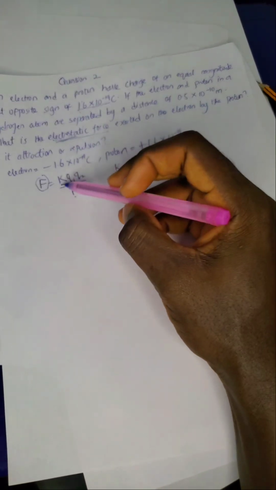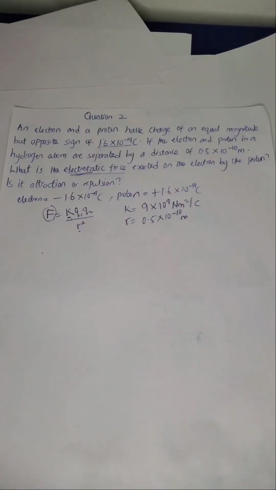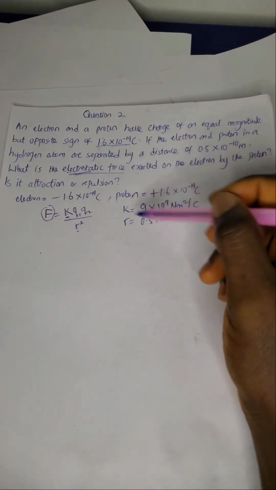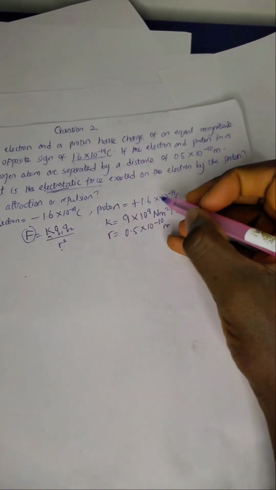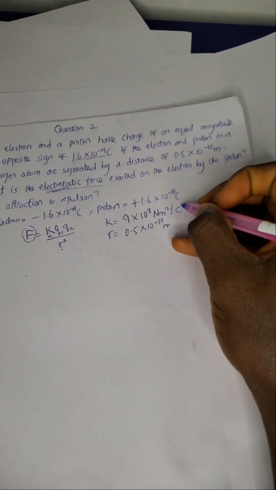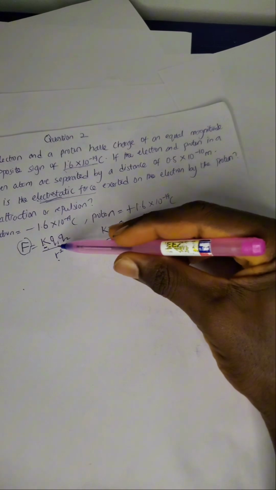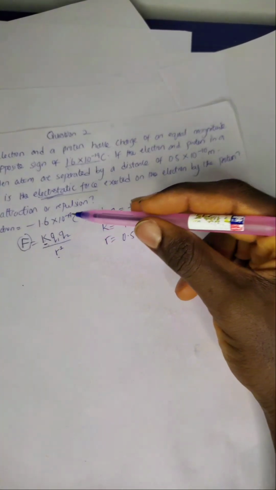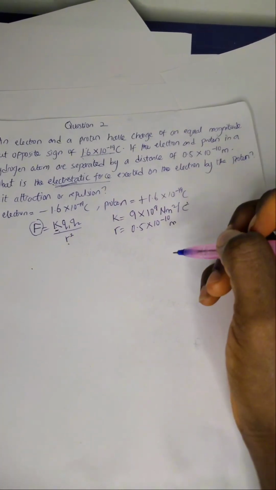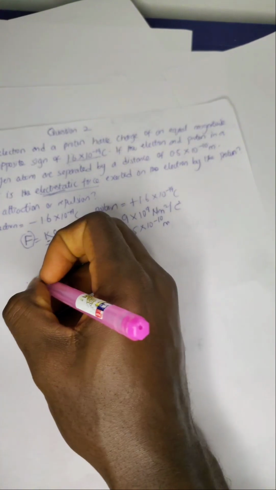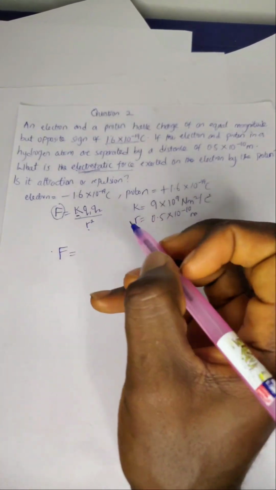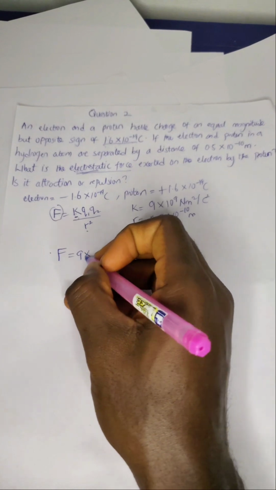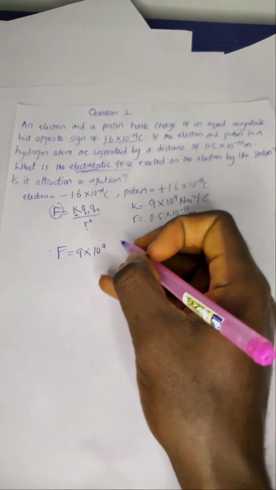So this is easy. We just have to input our values into the formula to get our answer. The unit of K is Newton meter square per coulomb square, because it's Q1 Q2, that's coulomb square. So now F is equal to, our K is 9 times 10 to the power of 9.